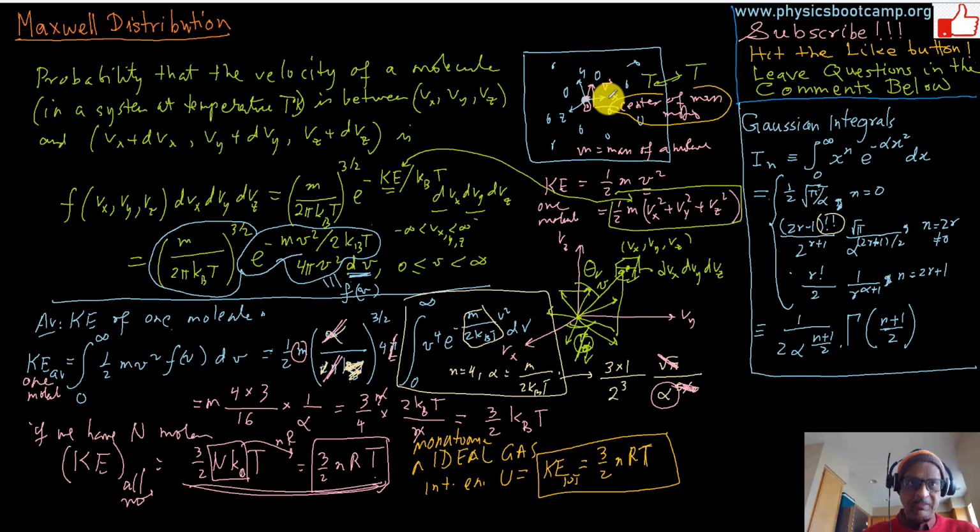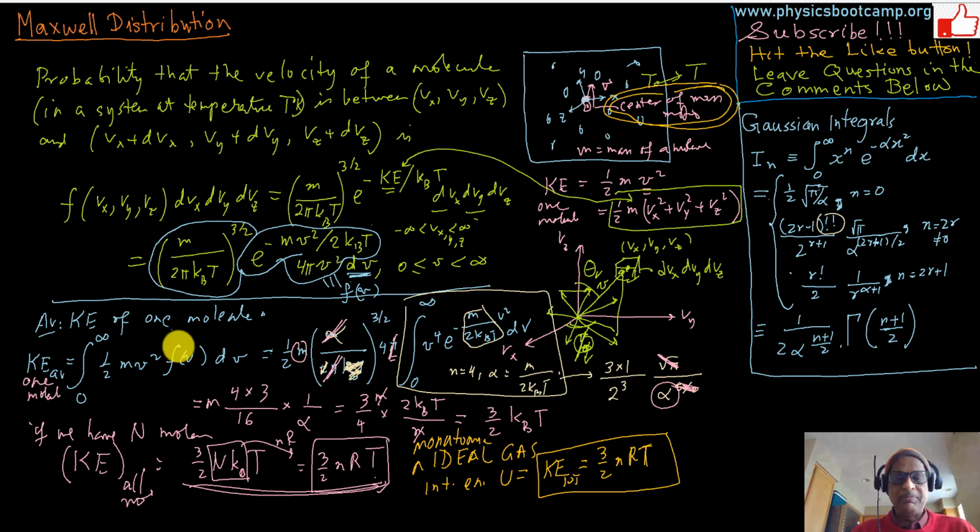But we haven't really done that here. So in Maxwell's distribution, you're only looking at kinetic energy associated with the center of mass motion, and this is pretty useful.